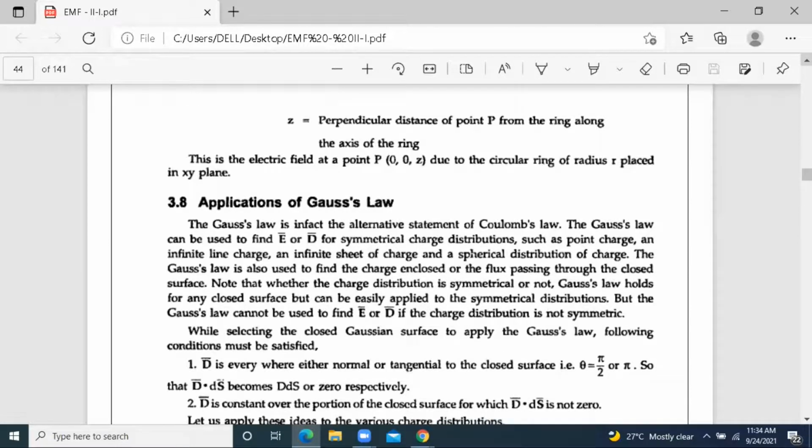Okay, I don't see where they explain what the law actually is. So I'm going to tell you.